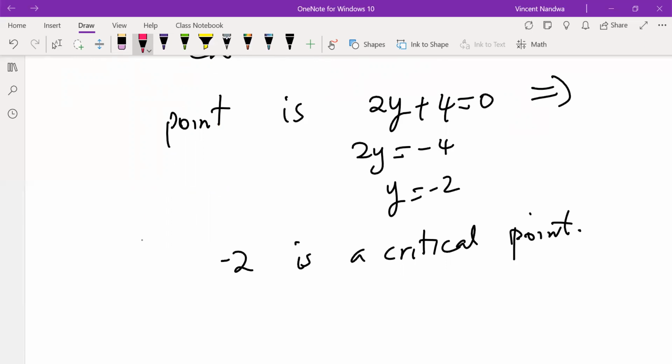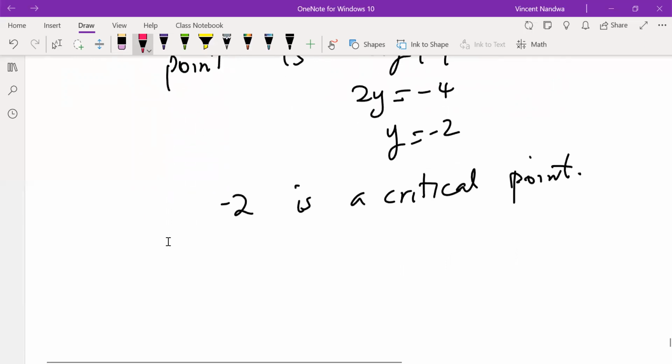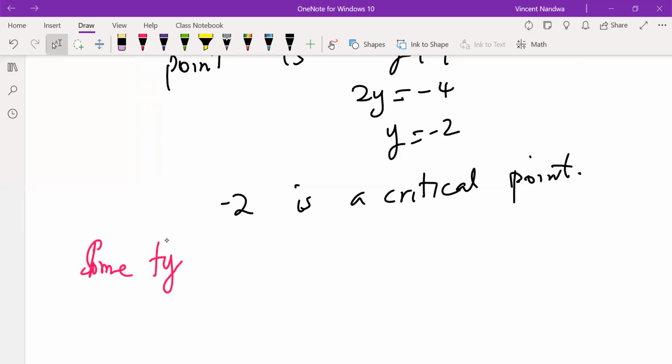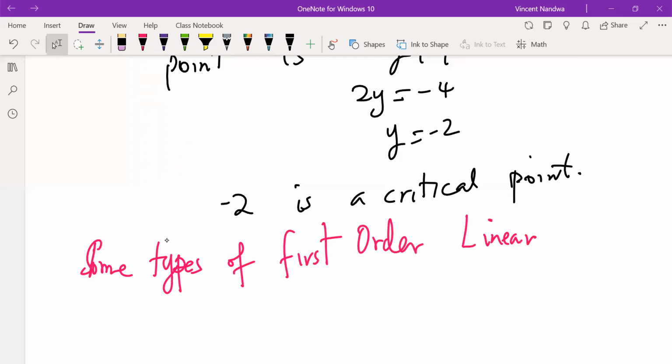Now let's discuss a special kind of differential equation, what we call separable differential equations, some types of first order differential equations.